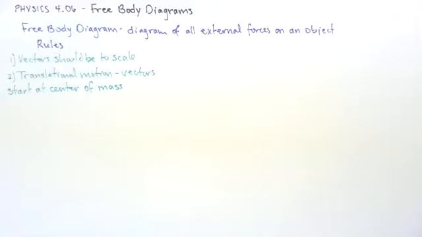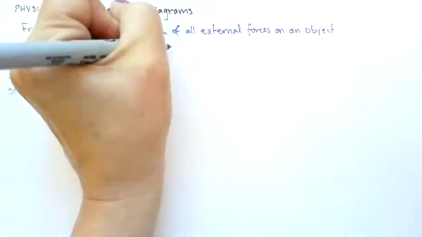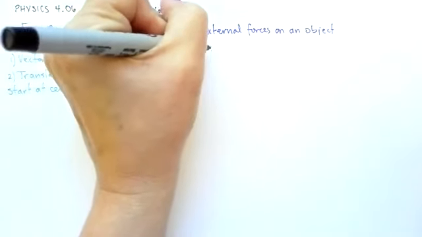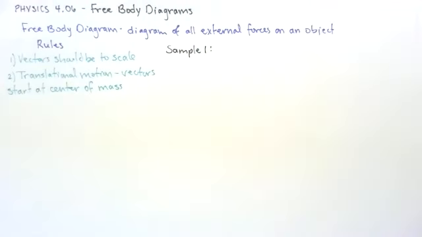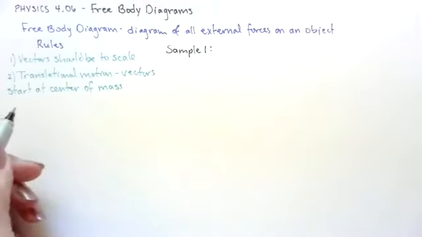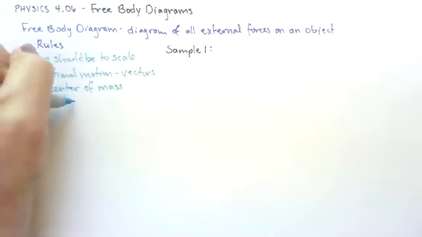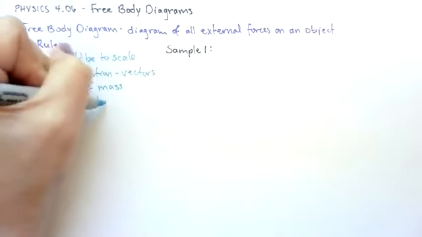So let's look at some samples. All right, in the last one on Newton's third law, we did a box on a table. And luckily for me, rule number 3 is we often represent the object, whatever it is, whether it's a car, whether it's a person, whether it's a desk, as a box.